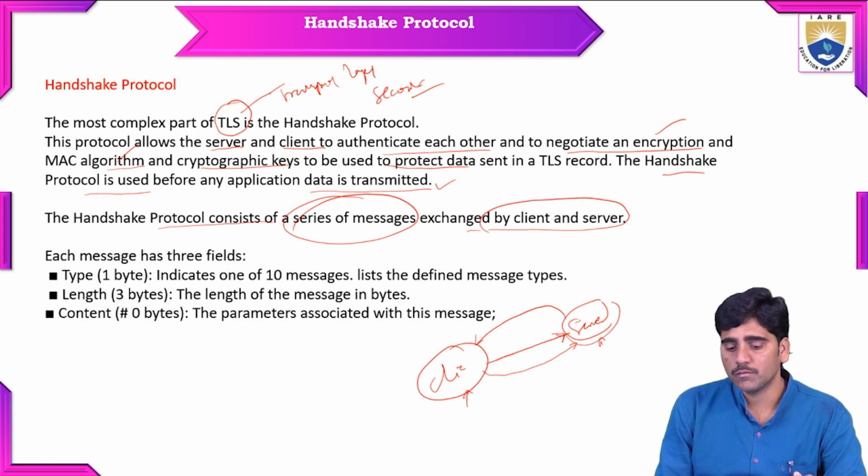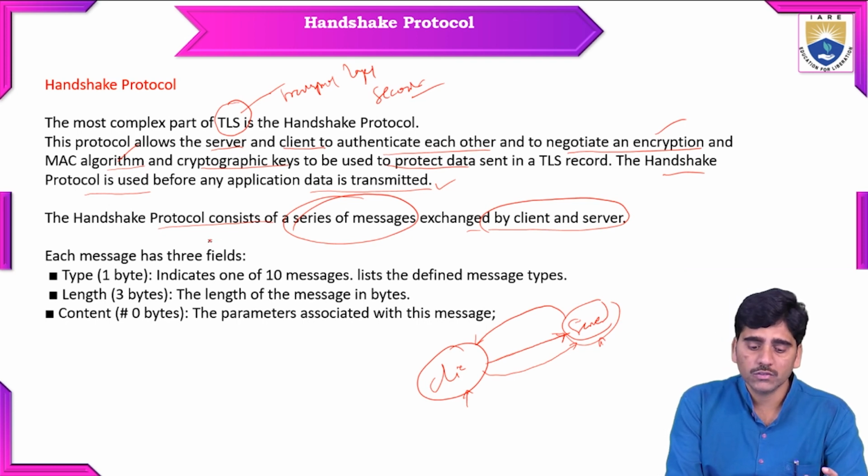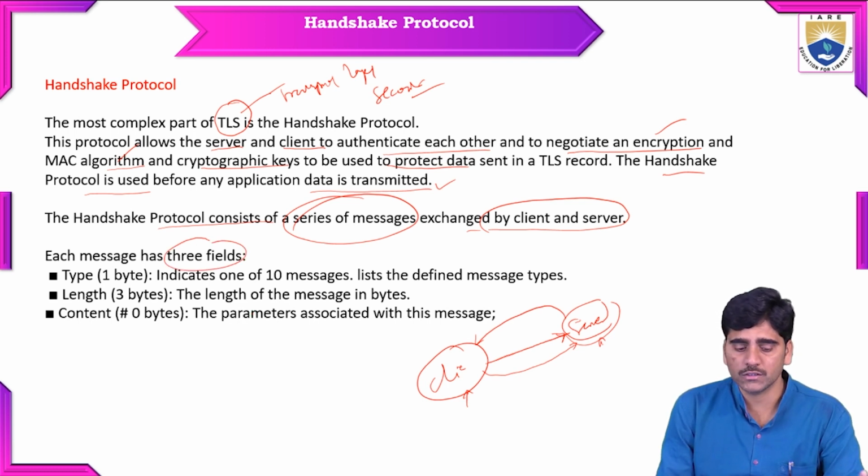To make the communication with the help of a series of messages, they maintain some fields. Each message has three fields. What are those fields? First, the type of message: what type of message is going to be communicated between the client and the server? Second, the message length: how much data of the message has to be transmitted.